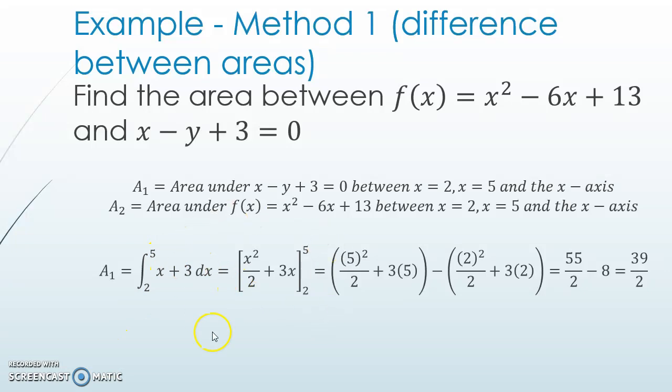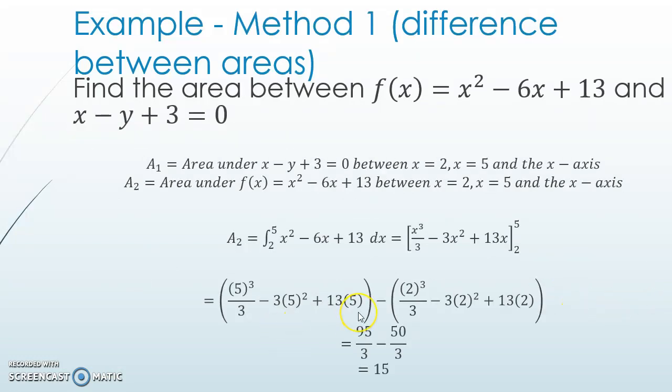This part from now on should be fairly familiar. We work out the definite integral and we come up with a value of 39 divided by 2. It's positive, it's above the x-axis. Likewise for the second area, we find the integral of that quadratic between x equals 2 and x equals 5. Substitute our values in and we get an area of 15.